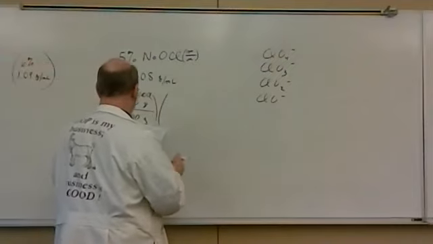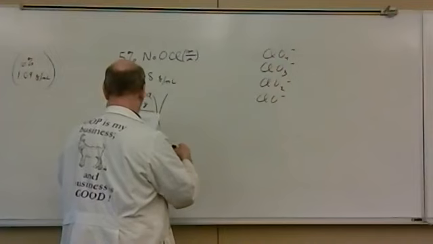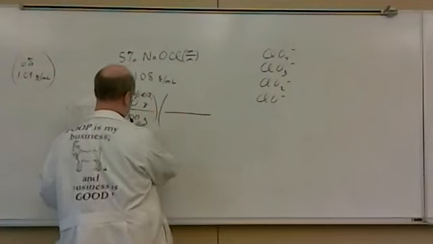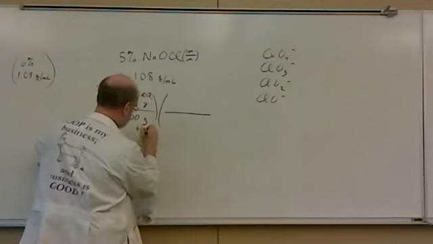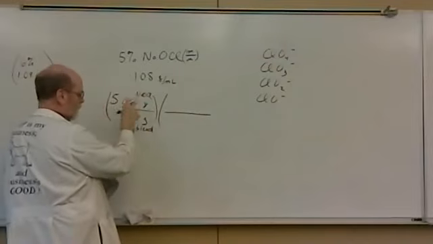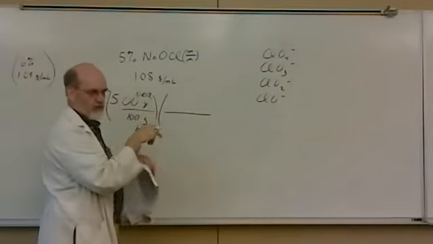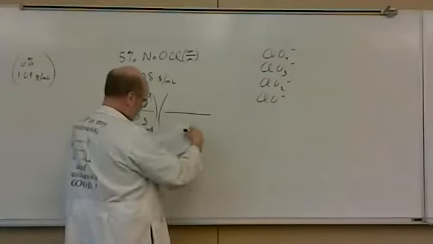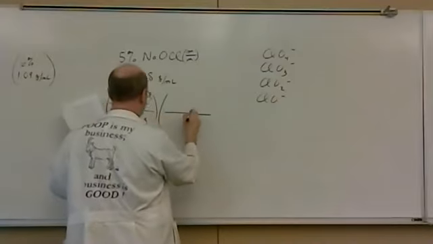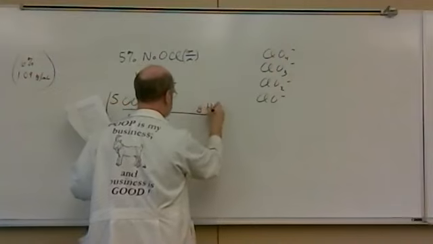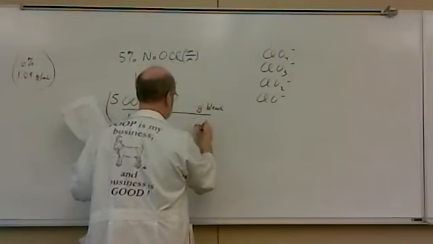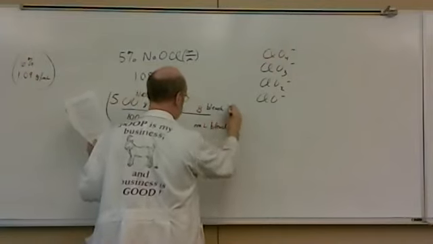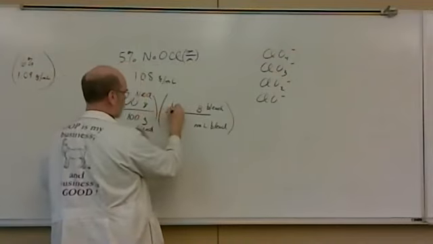Now what we want to do is convert that to grams per liter. So this is grams of bleach. That's the problem with percent. You've got to know grams is not always grams. It's grams of sodium hypochlorite, but this is grams of bleach. So our density says that we have so many grams of bleach per milliliter of bleach. So this is 1.08.